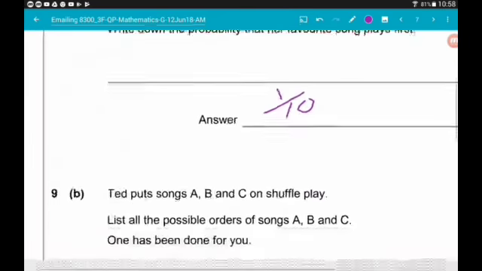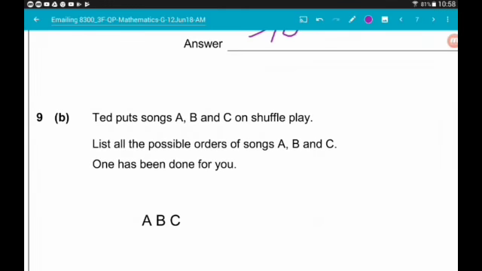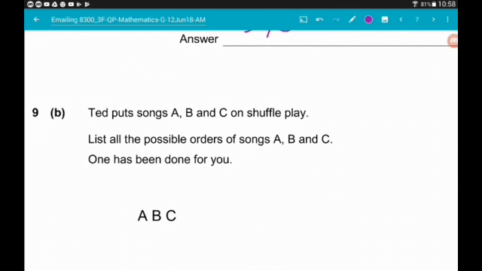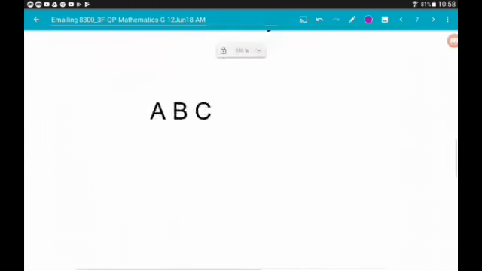Okay, then part B. Ted put songs A, B, C on shuffle play. We want to list all the possible orders of songs A, B, and C. One has been done for us.